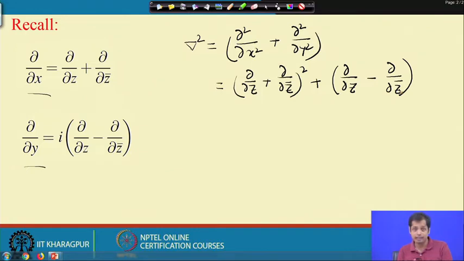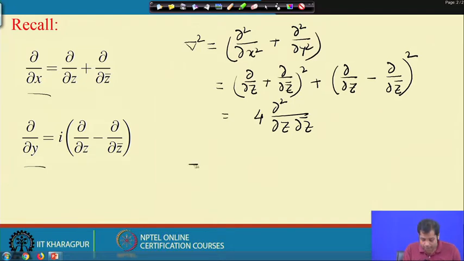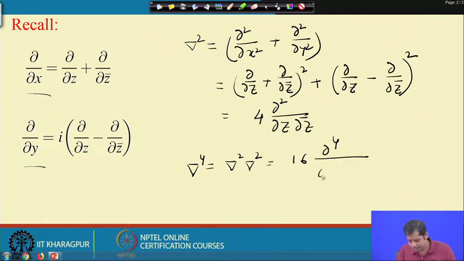So, equations are written in terms of z and z bar. So, now this is a square. If we combine this, it eventually becomes 4 del 2 del z del z bar. So, this is the Laplacian operator. So, the del 4 operator, del 2 of del 2, essentially becomes the square of this. So, 16 del 4 del z 2 del z bar 2.